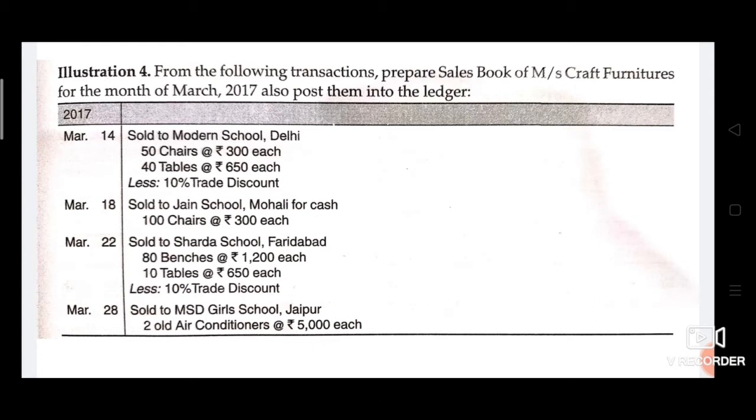So it will not be recorded in the sales book, as sale of fixed asset is not recorded in it, and air conditioners are fixed assets of this firm. It is not goods. Understood?